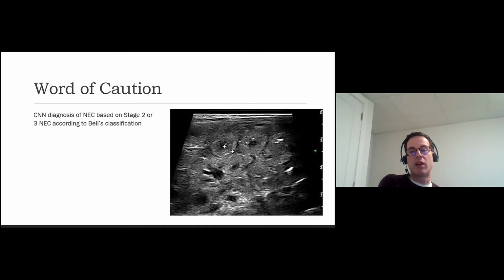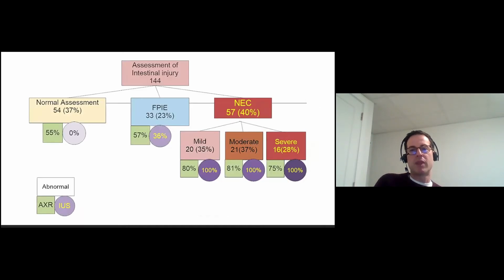I'm going to show you our own data that has been submitted for publication, but not yet accepted, in a slide. But the diagnosis in the Canadian Neonatal Network is a radiograph, an X-ray demonstrating stage 2 or 3 NEC according to Bell's classification. But what do you see if you use ultrasound?